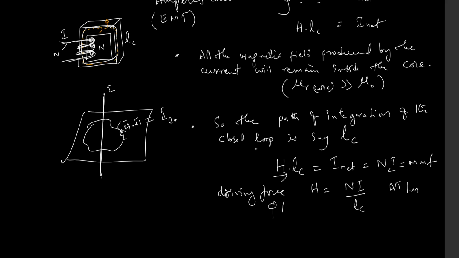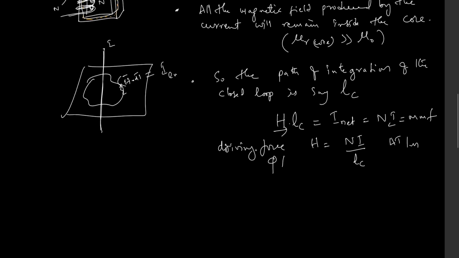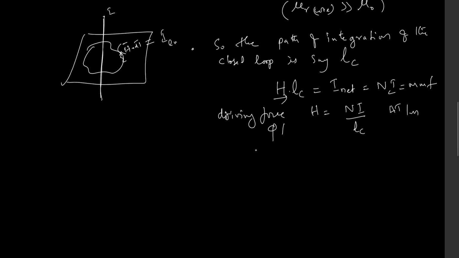and then the relation between the magnetic flux density and H is mu. The permeability of the material, that core material, multiplied by the intensity gives me the flux density in the core, right? And also, what is this mu?